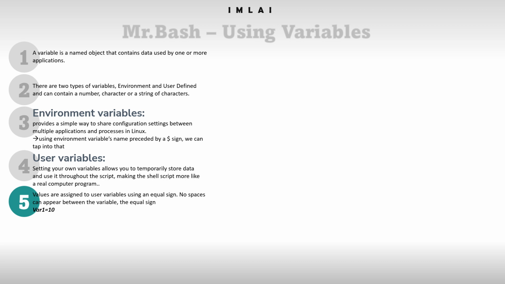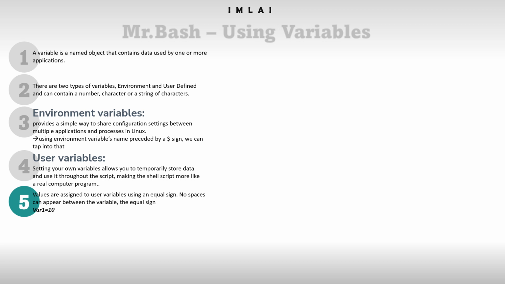The shell script automatically determines the data type used for the variable value, and variables defined within the shell script maintain their values throughout the life of the shell script but are deleted when the shell script completes.